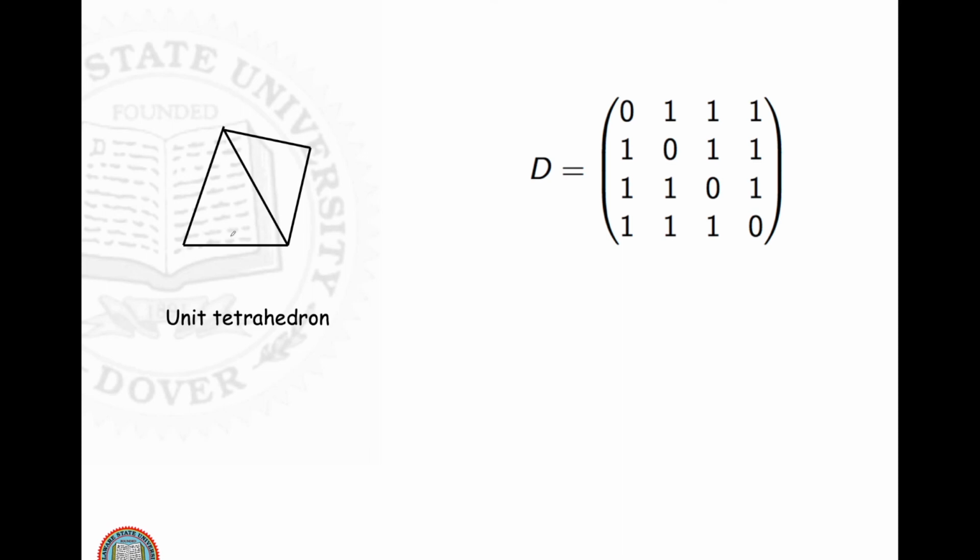So we take this, and we have 4 vertices. We have vertex 1, x1, that's a vector, x2, x3, and x4.